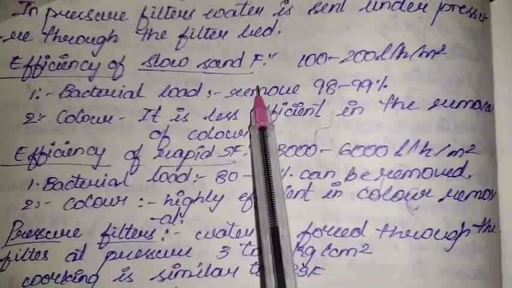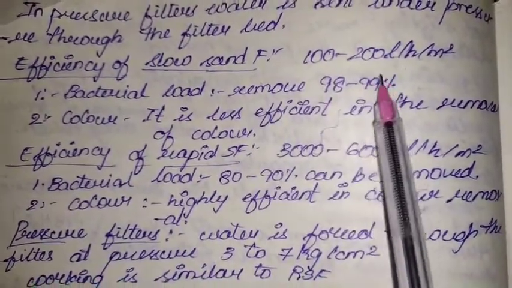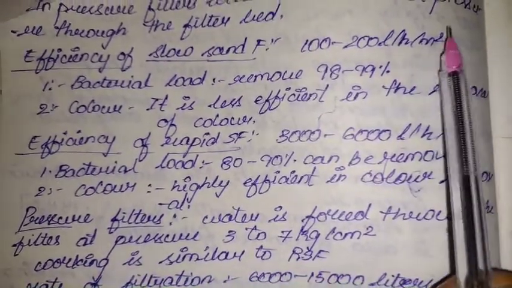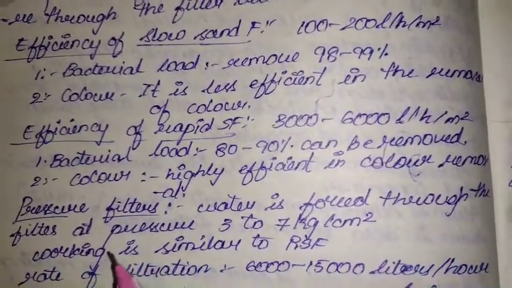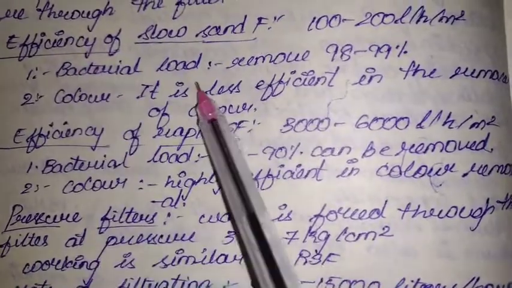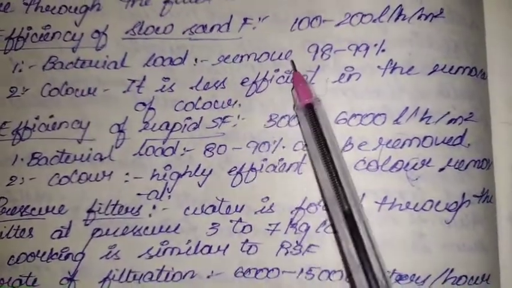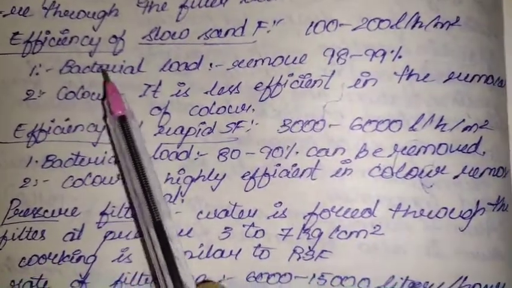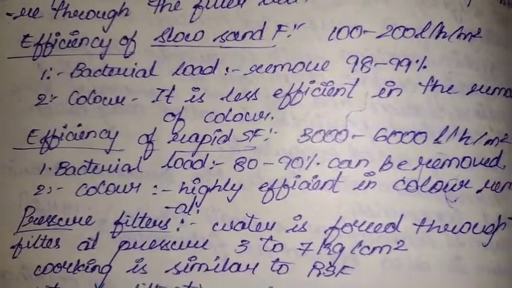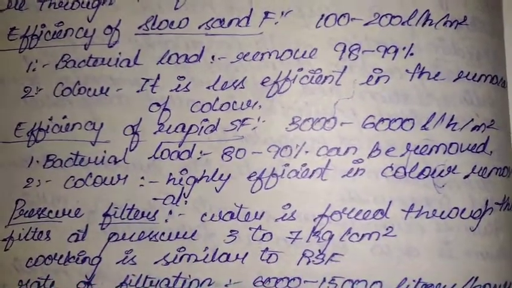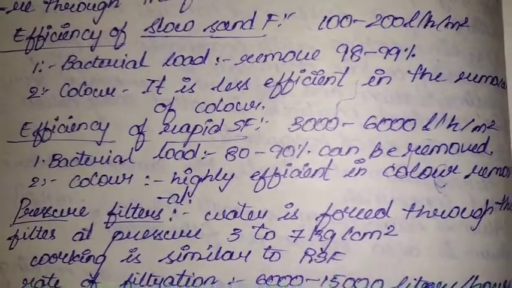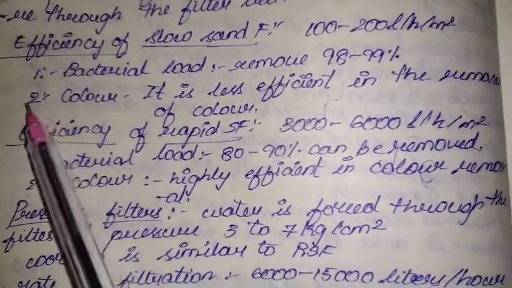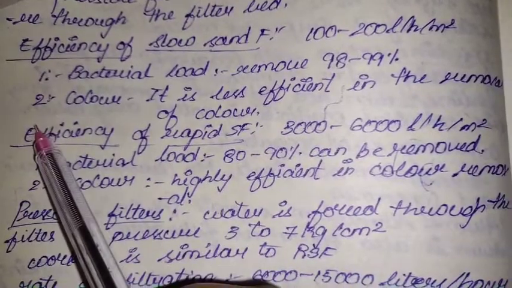Okay, we are applying some pressure for the water to pass through that. Efficiency of slow sand filters: 100 to 200 liters per hour per meter square. This we have discussed, but I wanted to discuss also the bacterial load it can take. It can remove 98 to 99% of bacteria present in that water. See, whenever we are talking about efficiency, the last point in the table, we are discussing it depending upon two parameters.